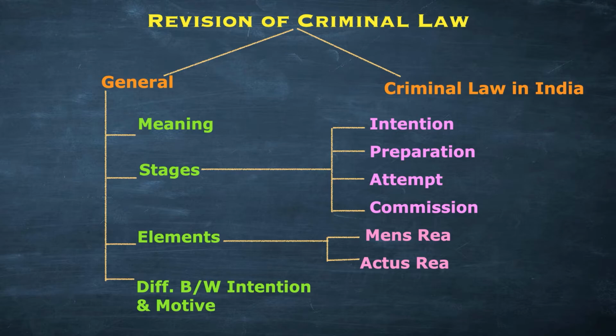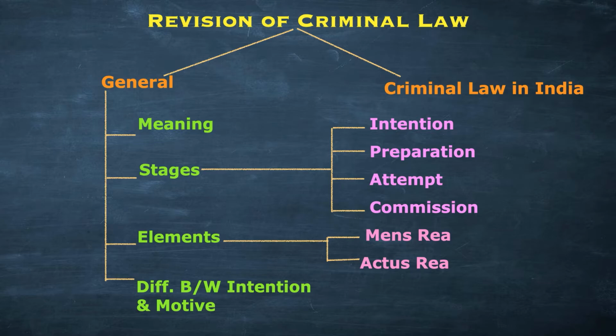Actus reus can be started with preparation, attempt, and commission, all these three. Because the moment you start doing something that involves some action, that is actus reus. So elements of crime means mens rea and actus reus.